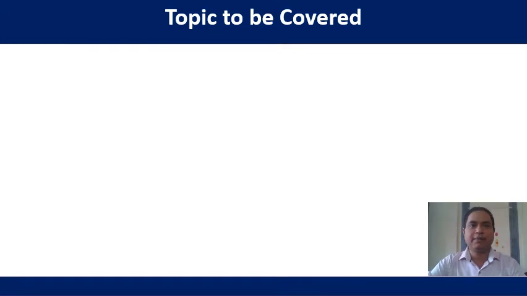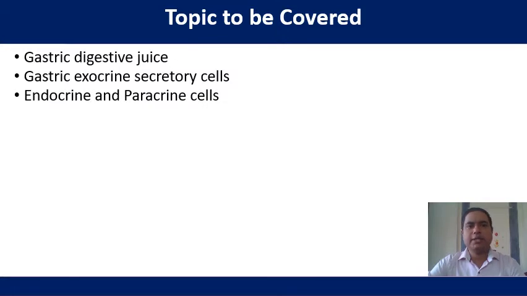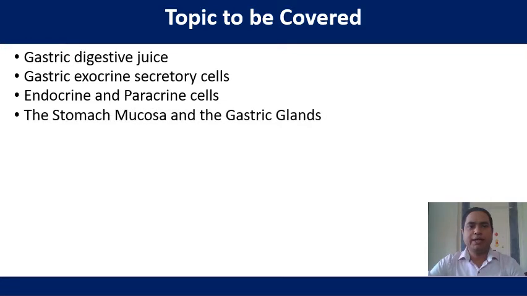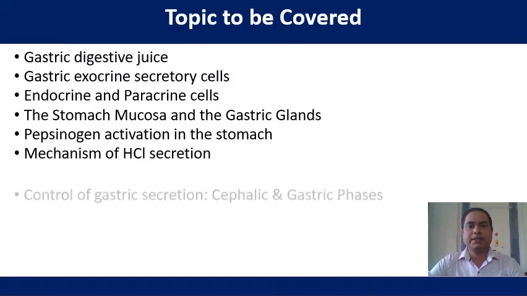We will learn about the gastric digestive juice, the different types of cells present in the stomach, that is exocrine, endocrine and paracrine cells, the stomach mucosa and the gastric glands, pepsinogen activation in the stomach through HCl, how the HCl is secreted by the different cells present in the gastric mucosa, and the control of the gastric secretions.